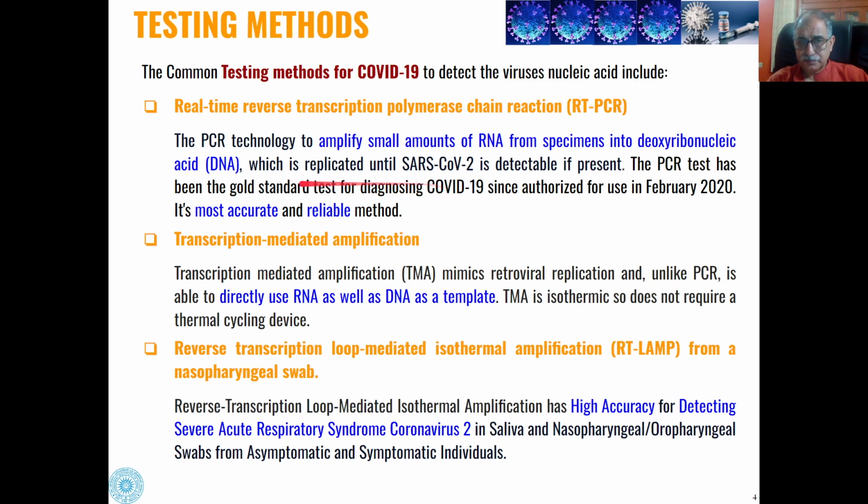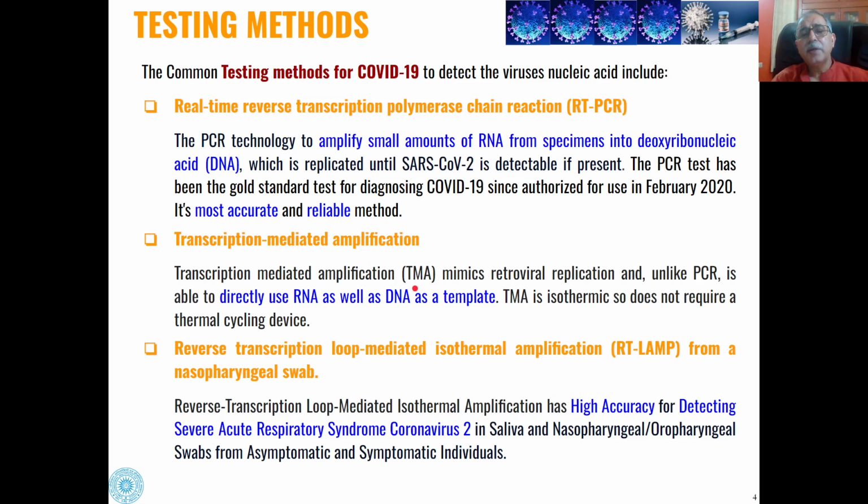And this method replicated until SARS-CoV-2 was detectable, if present in the body. So this test has been the gold standard test for diagnosing COVID-19, and it was authorized for use in February 2020. It is the most accurate and reliable method for detection of COVID-19.